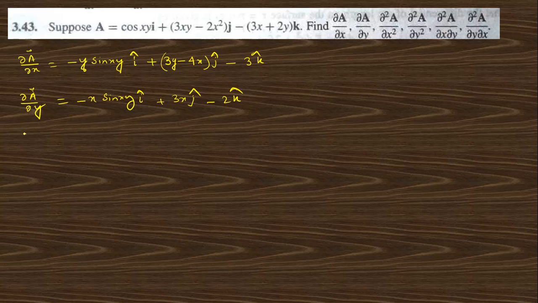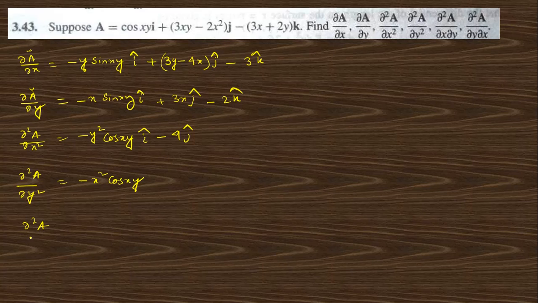Del squared a by del x squared, that means with respect to x you get minus y squared cos xy i cap, with respect to x this is minus 4 j cap, and this term is 0. And similarly, del squared a by del y squared, with respect to y you get minus x squared cos xy, and the rest will be 0.